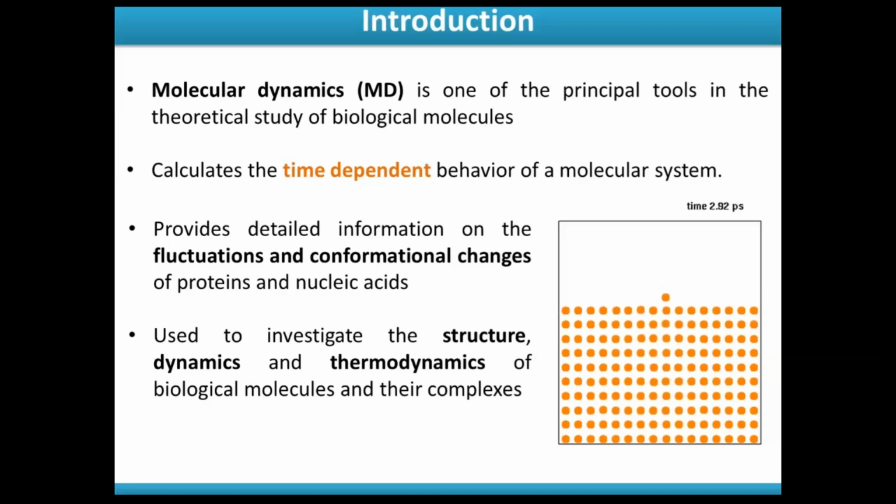So basically there are two things. One is the atomistic locations which are changing. That means that their state is changing according to time. And the others are the thermodynamic properties, such as there might be some changes in the energies. So all these will be taken care of in the process of molecular dynamic simulations.